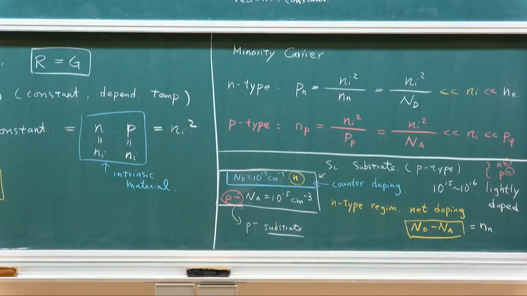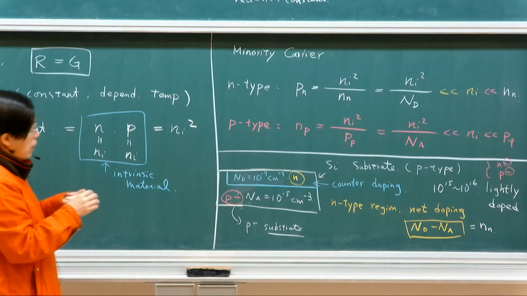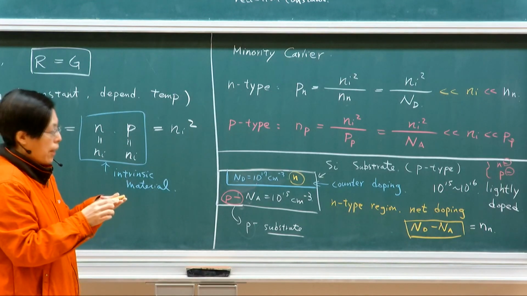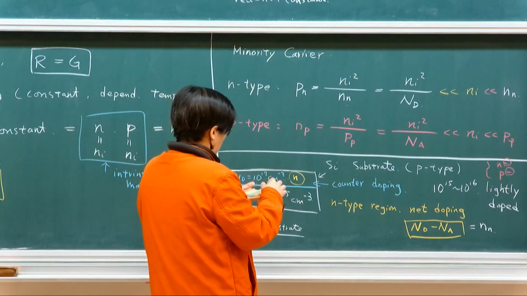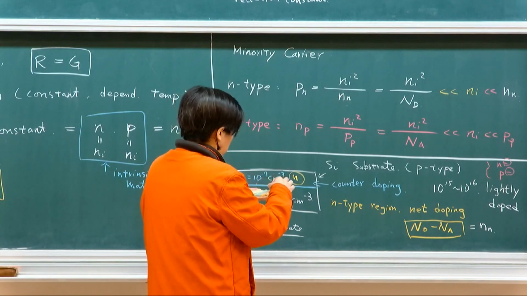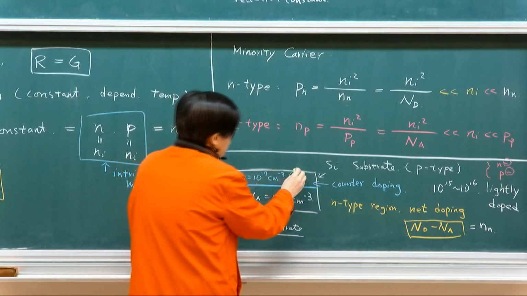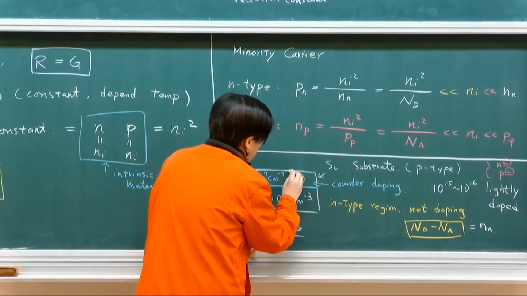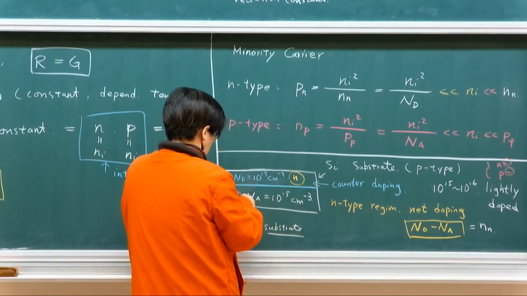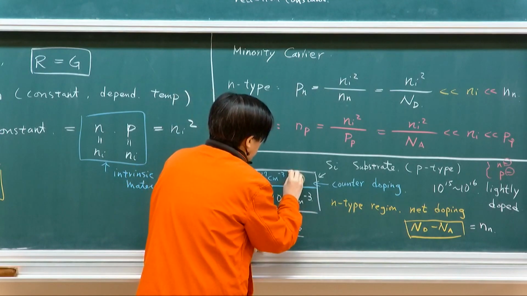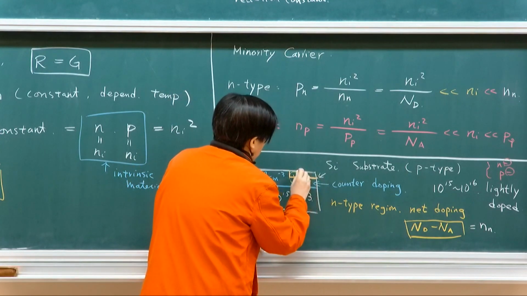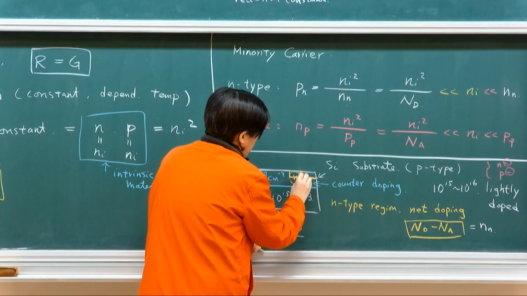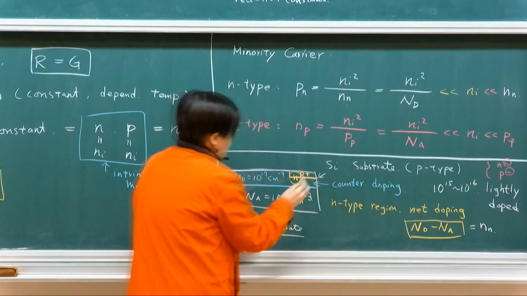Okay? And of course, you could dope it even heavier. So I can do another counter doping if I want. If I want to make a bipolar junction transistor, I might dope a little region here with another heavy dope, which we call P plus.